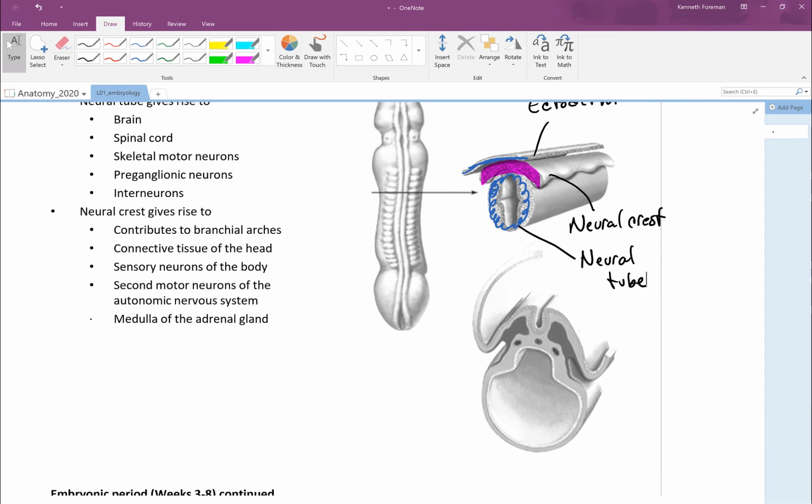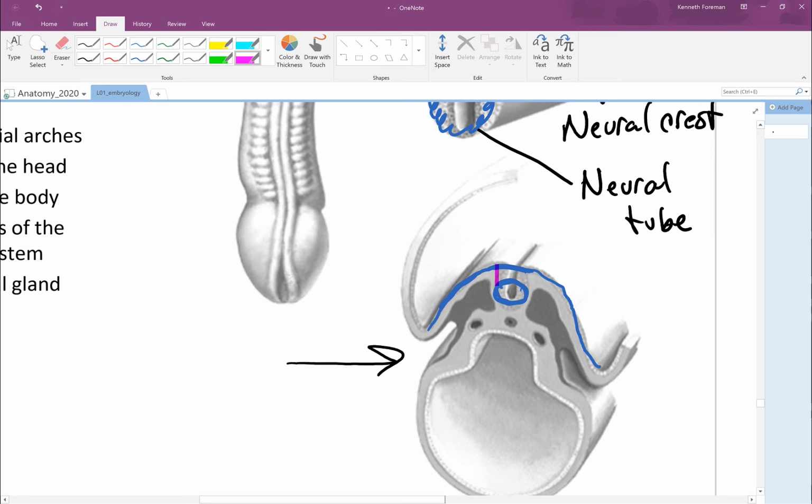So in this picture right here, you can see how we have the ectoderm, those 2 will eventually come together, and then down below these 2 will come together and we'll get a neural tube. And then over the top we have a small layer of specialized cells.